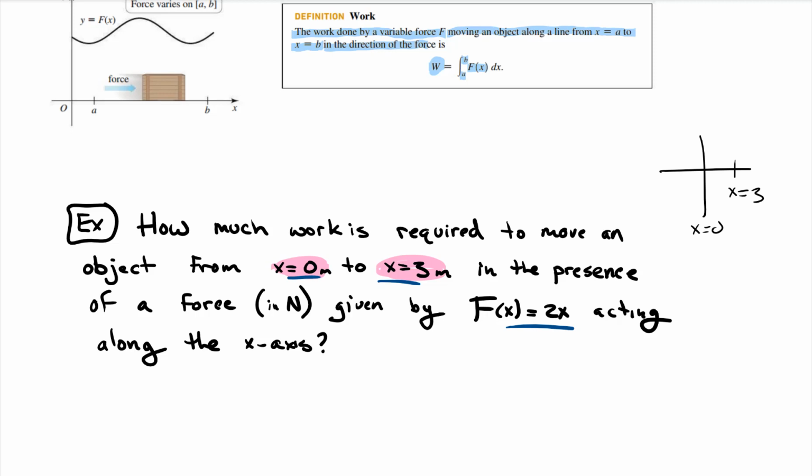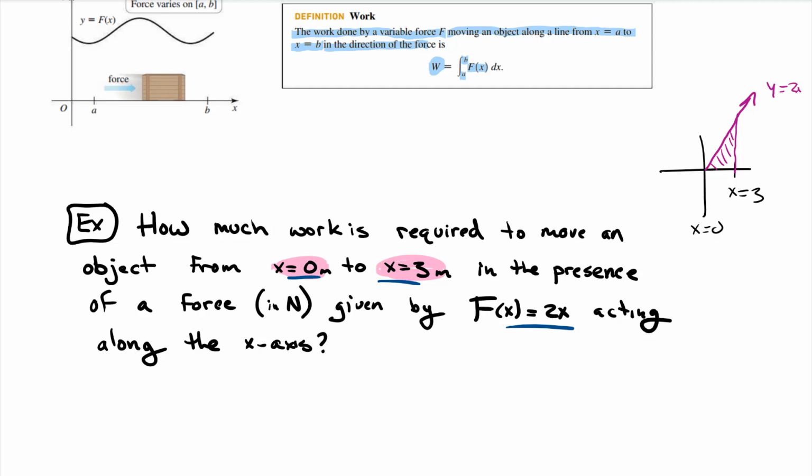Now we continue moving, and we're like, okay. Now this is in the presence of a force in newtons given by f of x is equal to 2x. So really this function that we have is just this line, y equals 2x. And we're going to find the area under said curve.